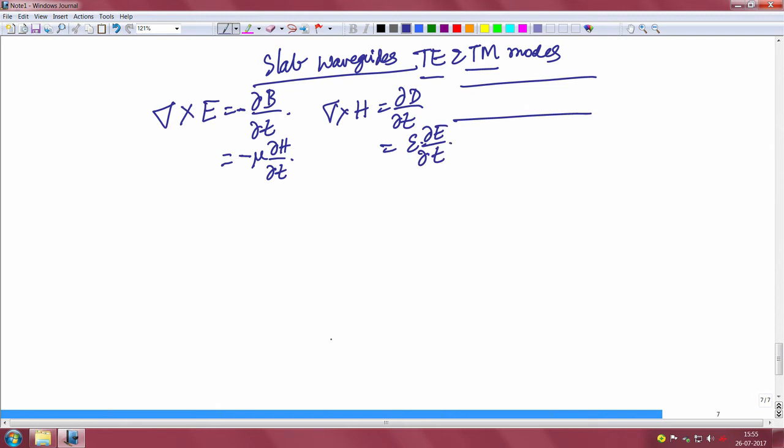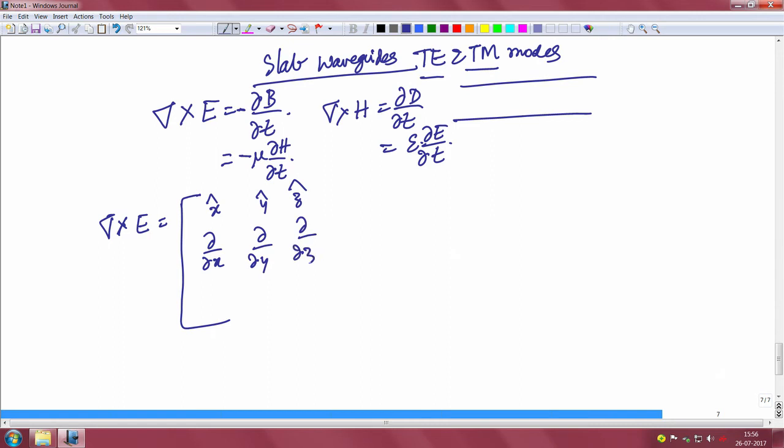Quickly let us expand the fields using the matrix approach. We can write del cross E in the matrix form by using the x component, y component unit vector and z component unit vector into d by dx, d by dy and d by dz, and Ex, Ey and Ez.